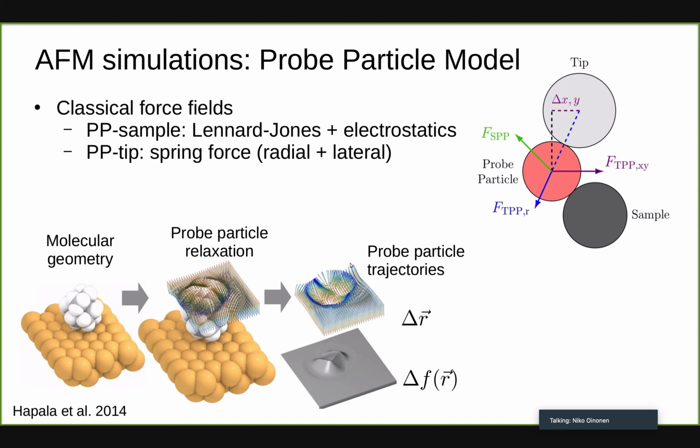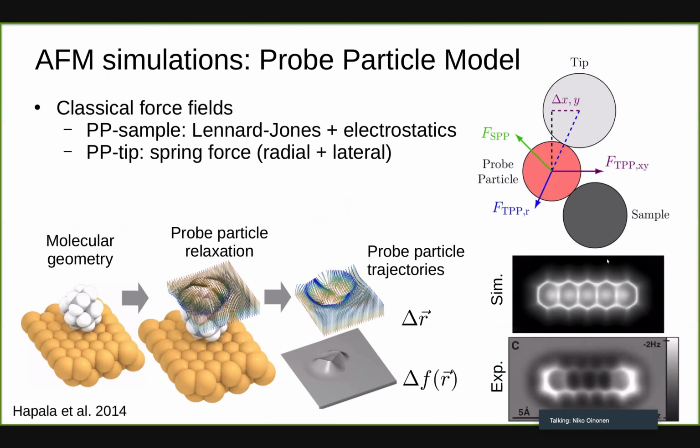This gives you all of these trajectories for the probe particle and the forces that it experienced across those paths. And then there exists this theoretical formula that you can use to integrate over these paths, and then you will obtain this frequency change that you would get in an actual frequency modulation AFM experiment.